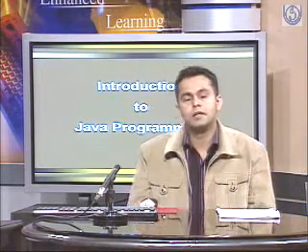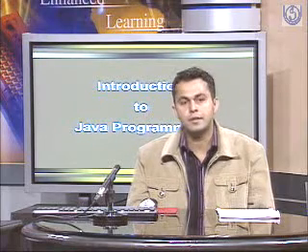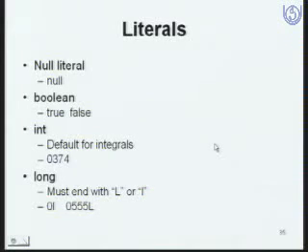Now let us see the literals. What are literals? Literals are nothing but constant values which have their own meaning, and you cannot change the meaning of that particular literal. For example, null. Null is a literal and it has its own meaning, and you cannot change it because it is constant and you have to use it as it is. So null is one type of literal.